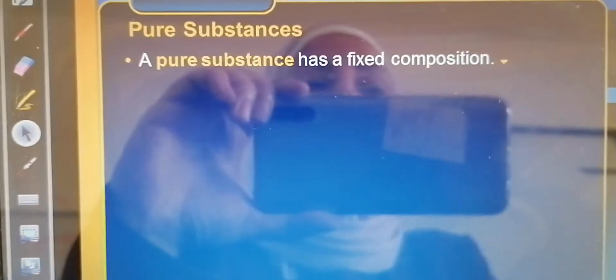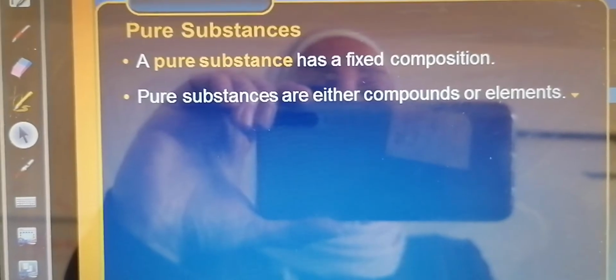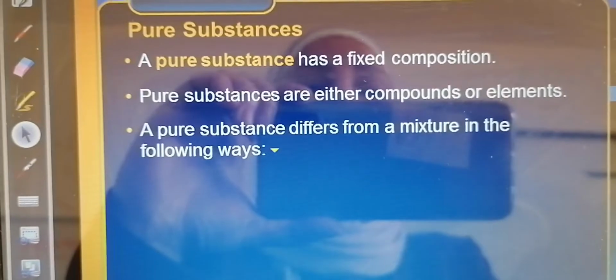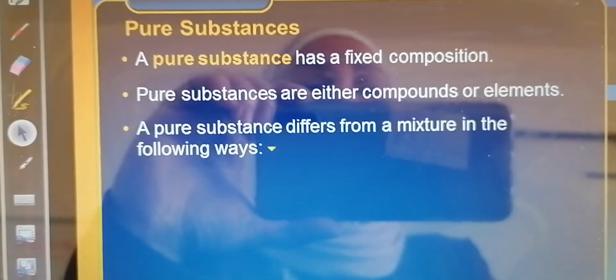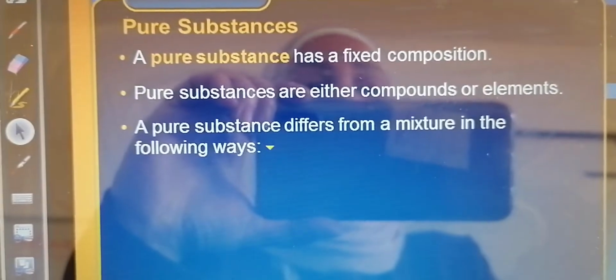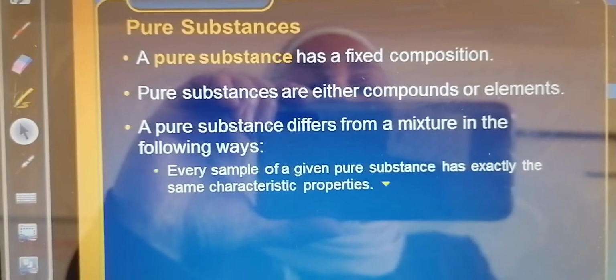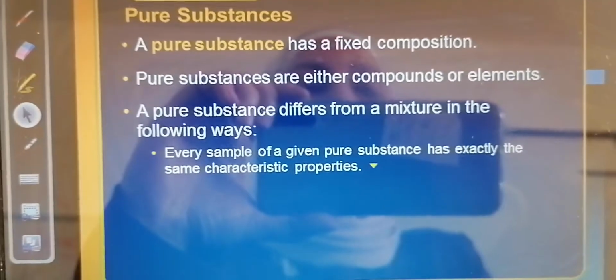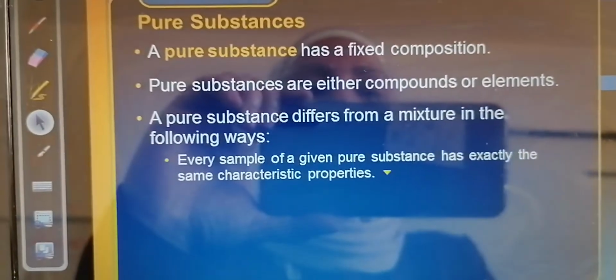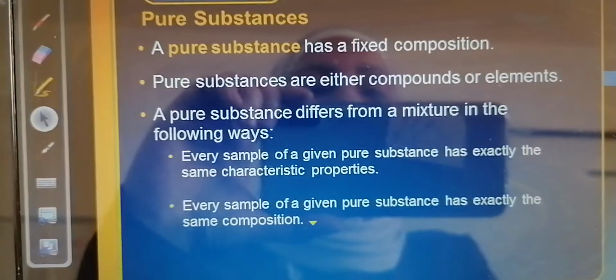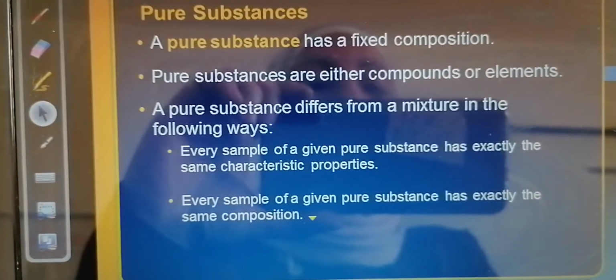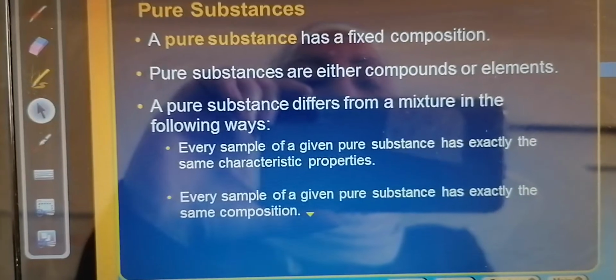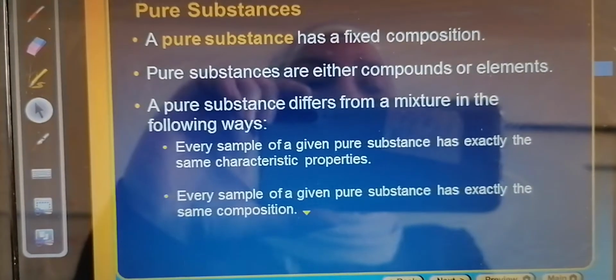Of course, pure substances have fixed compositions. They're either compounds or elements. This is from the classification chart. It will differ from a mixture in the following ways. Every sample of a given pure substance has exactly the same characteristic properties. And every sample of a given pure substance has exactly, we said, the same atoms, right?